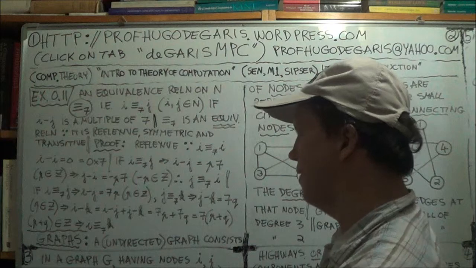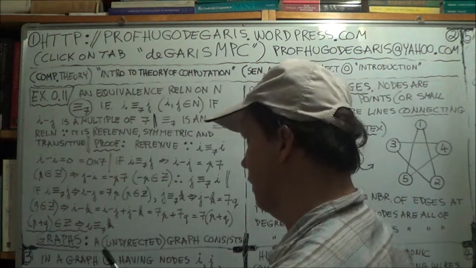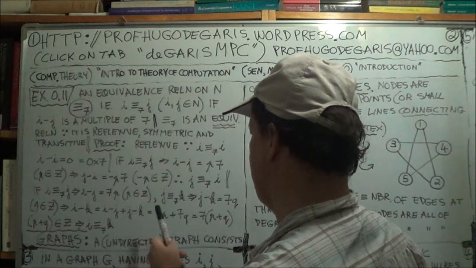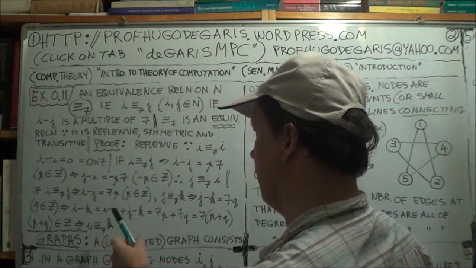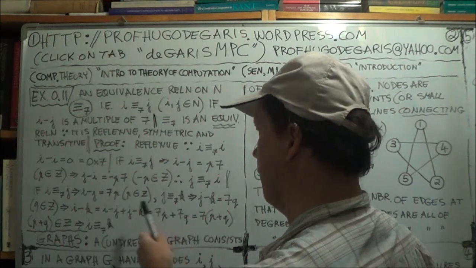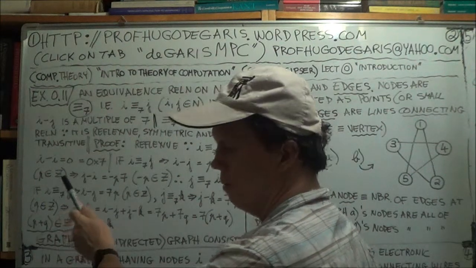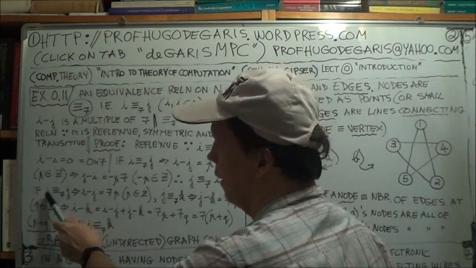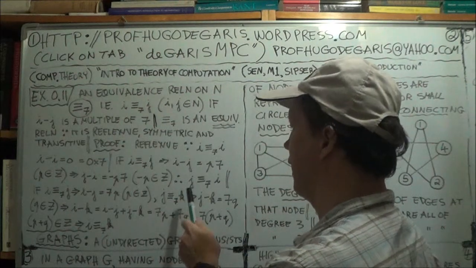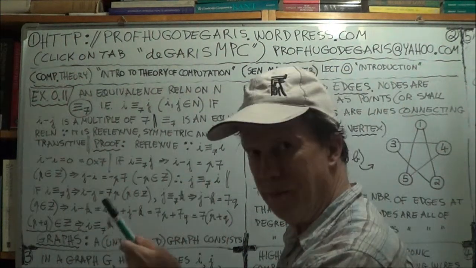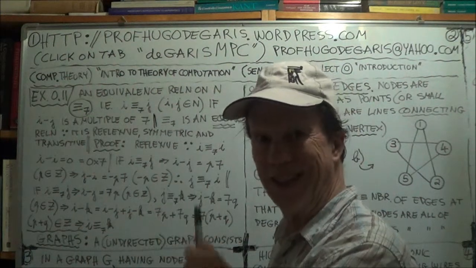Okay, now how about transitive? Can you remember what transitive was? So the transitive property is if i R j and j R k, then if it's transitive, then i R k.